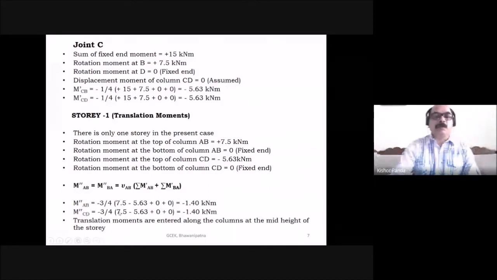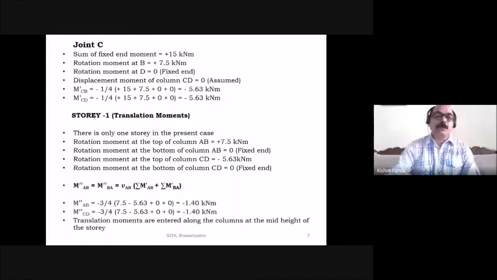Similarly for M double dash CD also you have to find out using this formula: minus 3 by 4, 7.5 minus 5.63 plus 0 plus 0. So only in translation moment you have to take what is the rotation moment you got in the vertical member at top and bottom, that you have to consider, and you have to take the sum of the rotation moment of the top end plus the sum of the rotation moment of the bottom end.